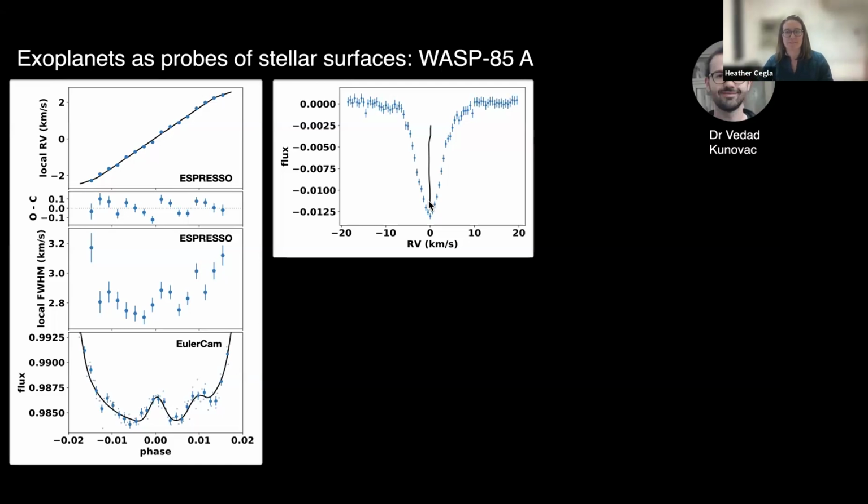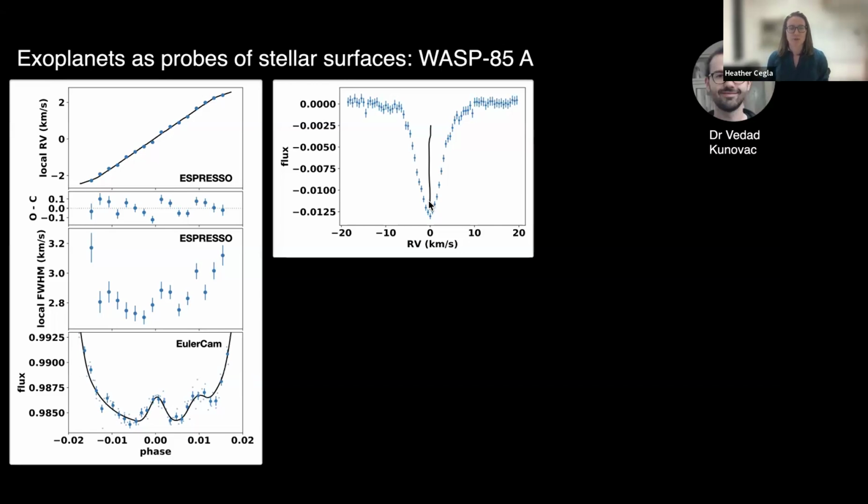I was even going to amplify on that. There are a handful of systems with persistent spots. Those would be prime picking, because then you know that there's always going to be a spot there in your observation. One of the tricky things about WASP-85 A is it's a close binary, so trying to figure out the rotation period is difficult because it's a little bit contaminated by that other binary.